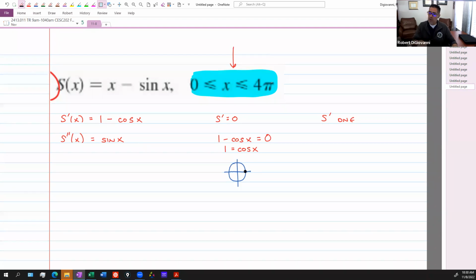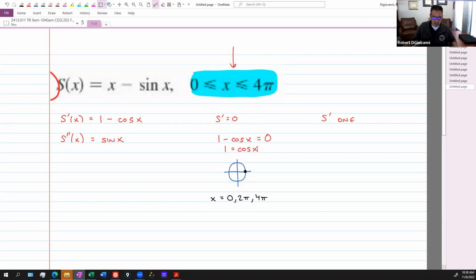The angle that corresponds to that point, well, there's an infinite number of angles. But 0 is one angle that would give you that answer. 2 pi is another one, and 4 pi. Those are the only answers between 0 and 4 pi. Y'all understand what I'm doing here? Going to the unit circle.